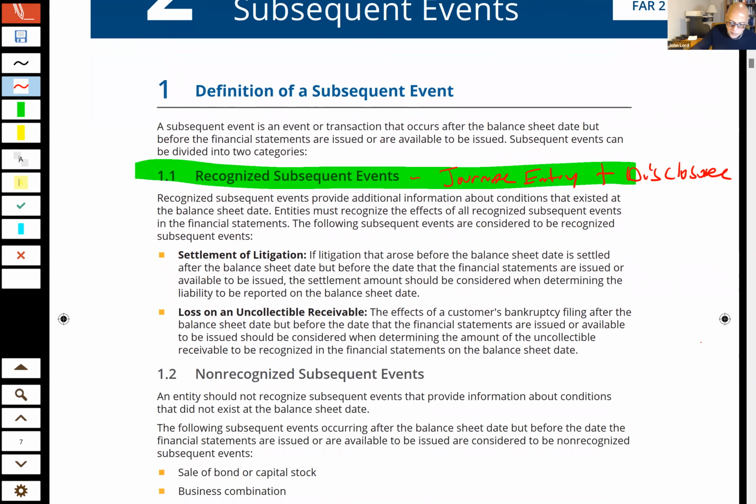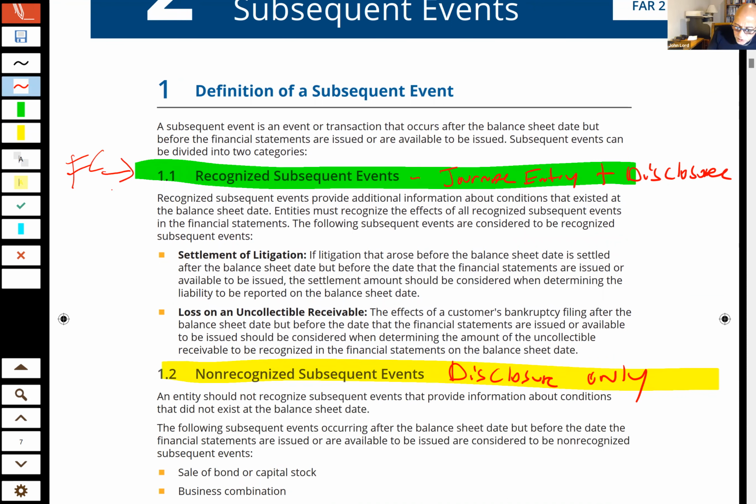A non-recognized subsequent event means that there will be disclosure only. There will be no journal entry associated with that. So first, flashcard: the two types of subsequent events and what the result is. One has a journal entry plus disclosure, it's recognized. The non-recognized has no journal entry, but there will be disclosure.